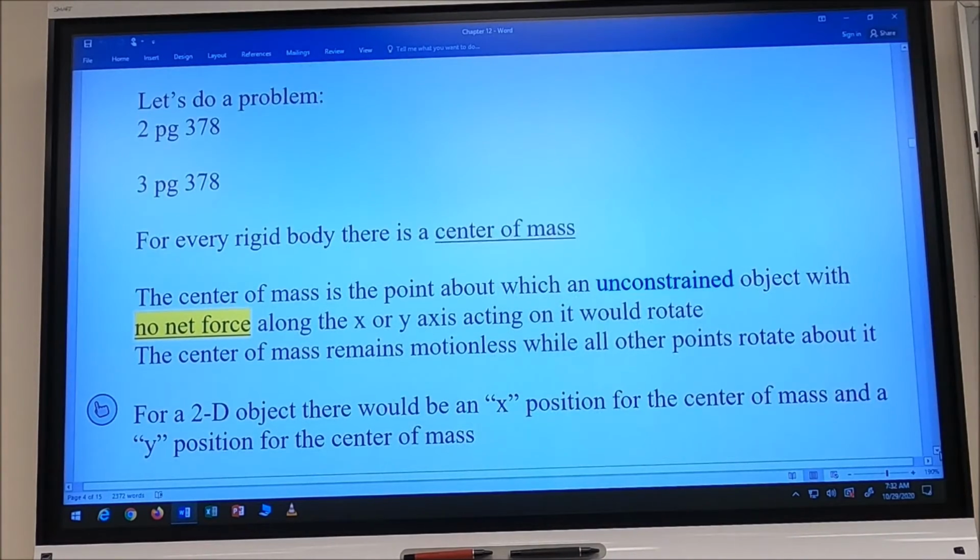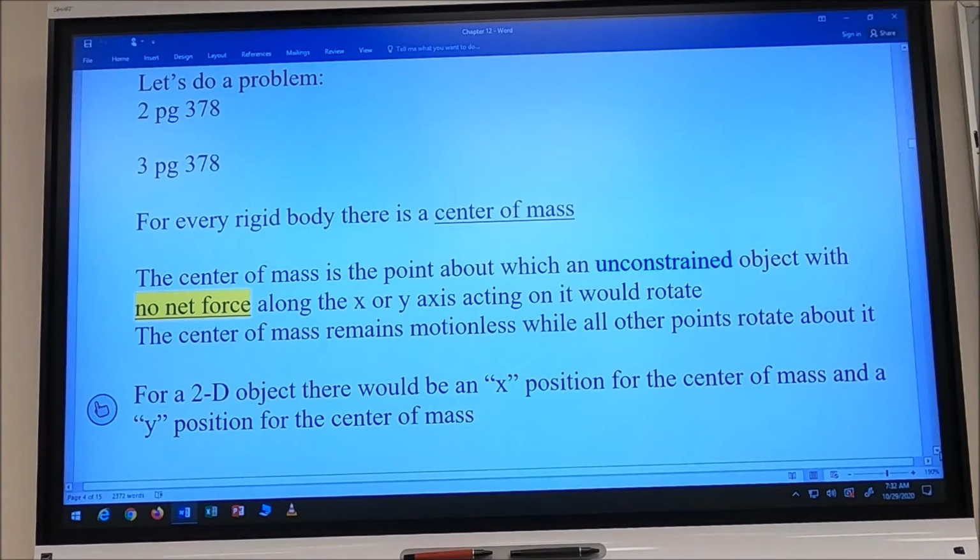Now, let's do just a simple problem 2 here at the end of the chapter, just to get back into the circular motion wheelhouse. Okay, so let me get problem 2.